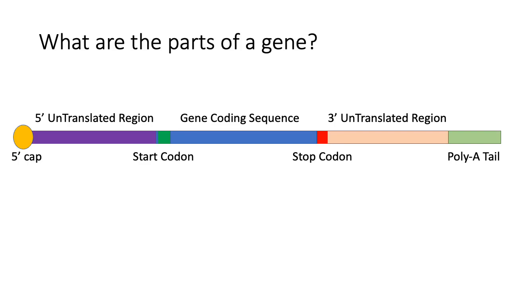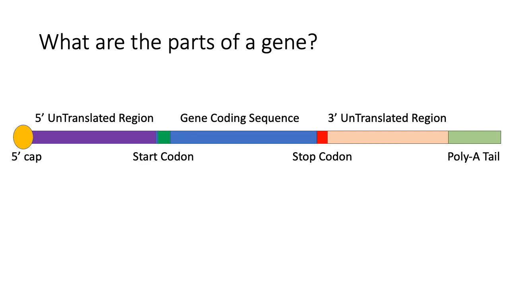And what that means is when the mRNA and the ribosomes get together and form a protein, they ignore the purple and the peach areas. The ribosome does not make protein from them. The ribosome shuns them. It doesn't care about them. It ignores them. They are not made into protein.